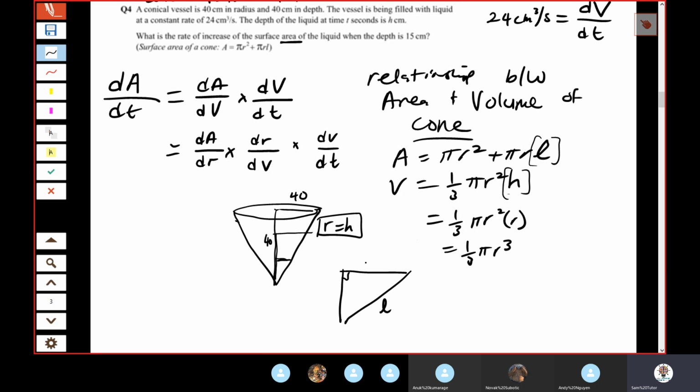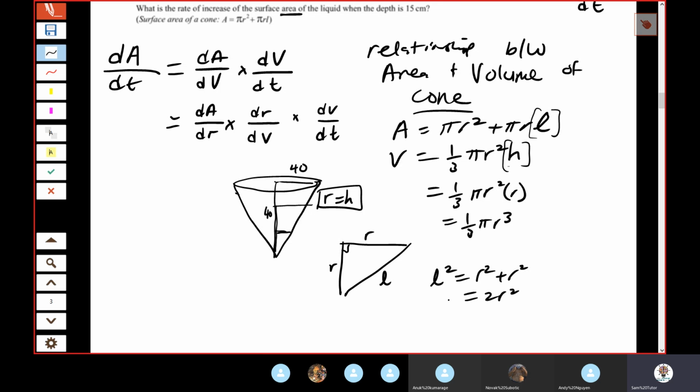This is L. This is R. This is H. But this is also R, because R equals H. Therefore, L squared equals R squared plus R squared, which equals 2R squared. That means L is actually R root 2. Going back up here, that becomes pi R squared plus pi R times R is R squared root 2.